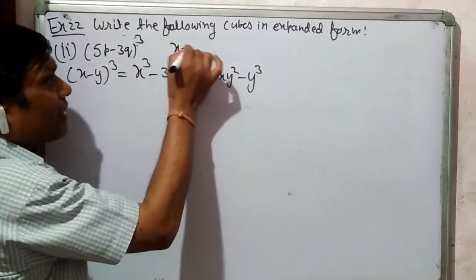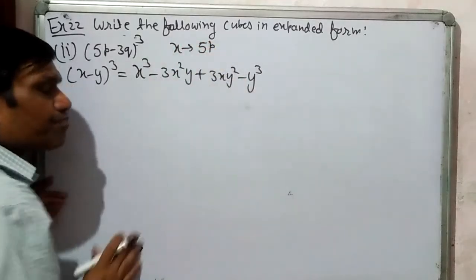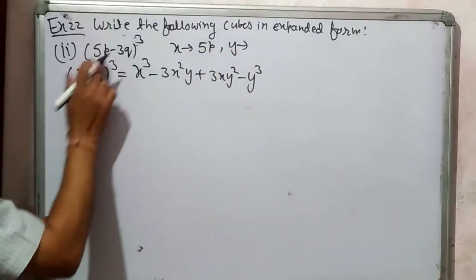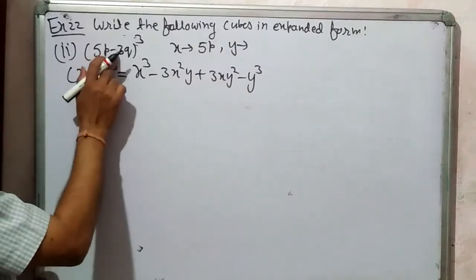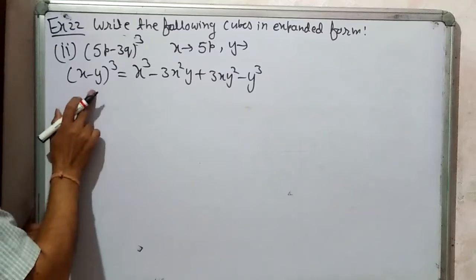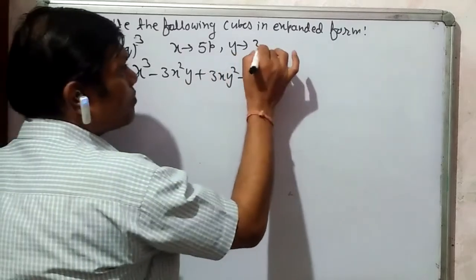Identify what is x. X is 5p. What is y? Match the negative sign. Here we don't have to take the sign of 3q cube because this negative sign is already there with y. So y is 3q cube.